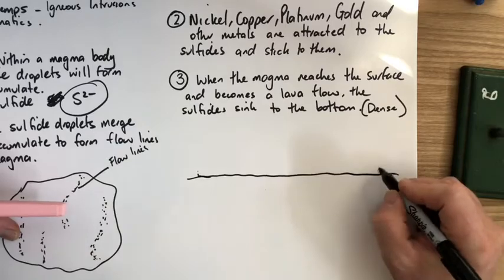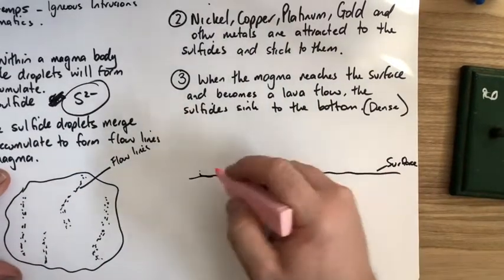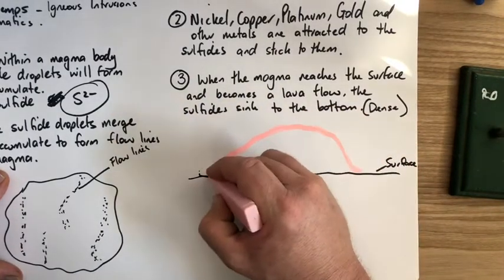So let's say there's the surface. I haven't got any good pens today, but this pen will do. Let's say this is our lava flow.